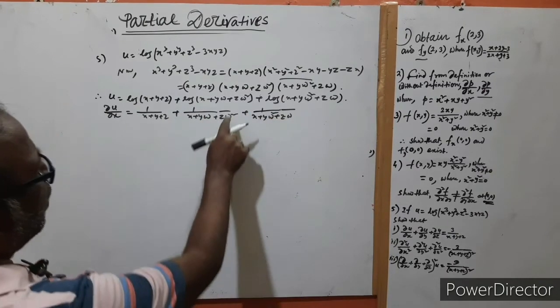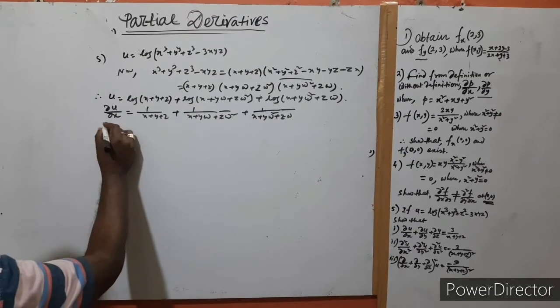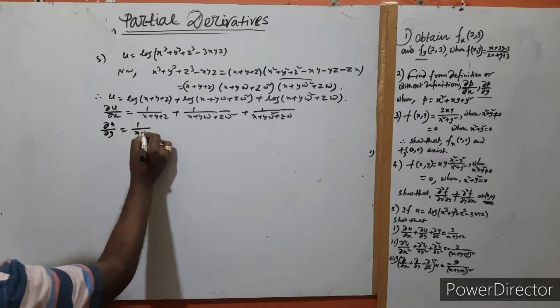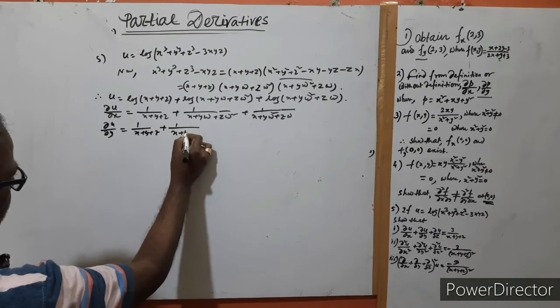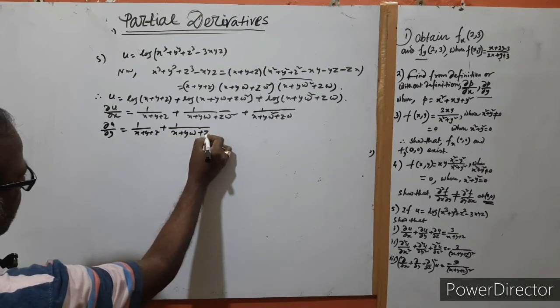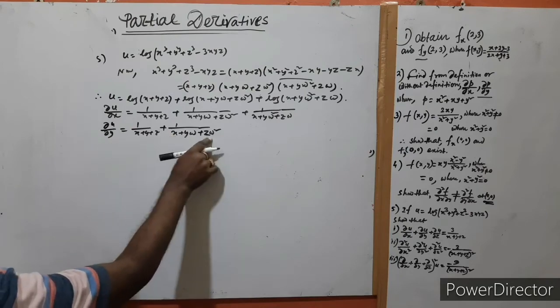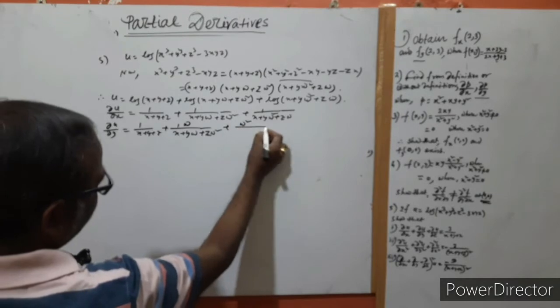So we got 1 only. With respect to y, the derivative of y is ω in the second term, and ω² in the third.